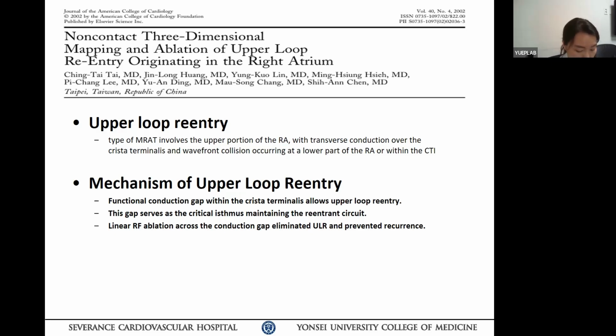Therefore, instead of performing conventional CTI ablation, the authors targeted this conduction gap with linear RF ablation. After ablation, the upper loop reentry was no longer inducible and no recurrence of atrial flutter was observed. During follow-up, interestingly, atrial fibrillation also disappeared in several patients, suggesting that this conduction gap may play an important role in maintaining both upper loop reentry and AF.